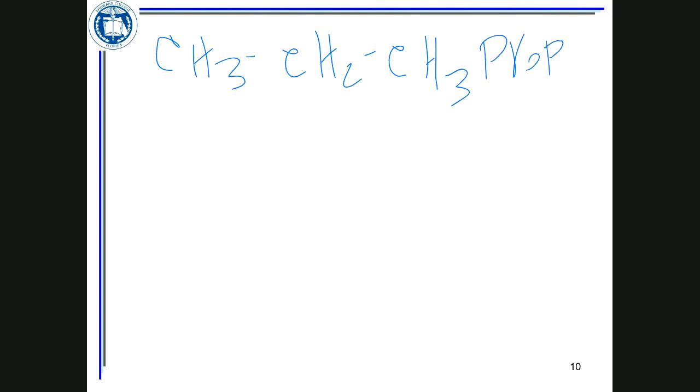so we start with the original compound. The alkane is CH3, CH2, CH3. This is propane. Very good, propane.